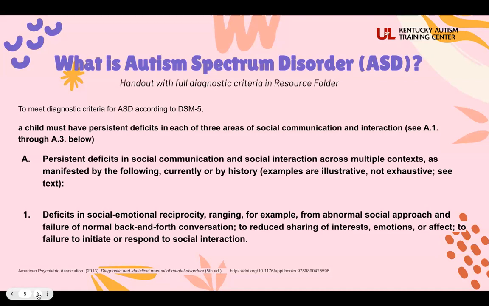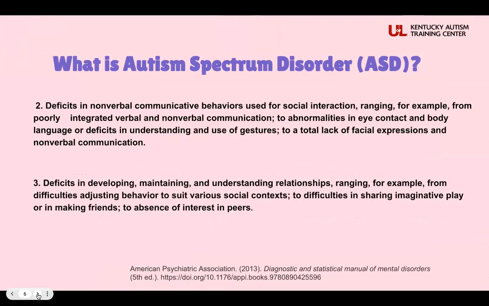Being emotional reciprocity, being able to exchange and understand feelings and theory of mind, the back and forth conversation, being able to ask others about their interests, emotions, and know what to do when somebody else shares with them their emotions or their experiences, and being able to have that fluid back and forth between people.